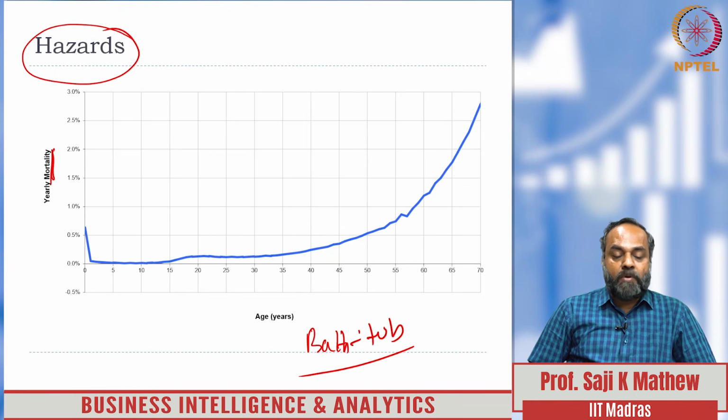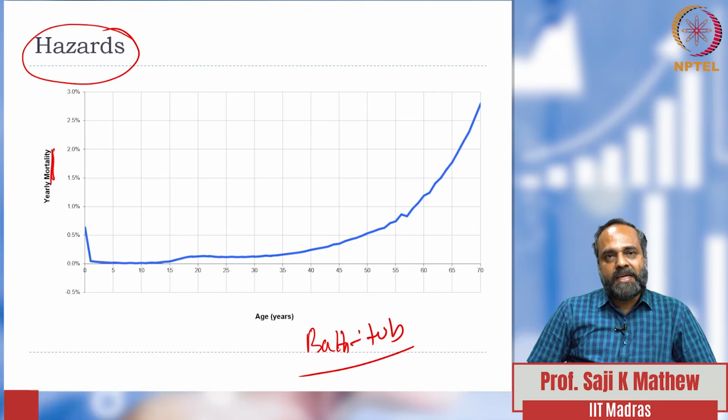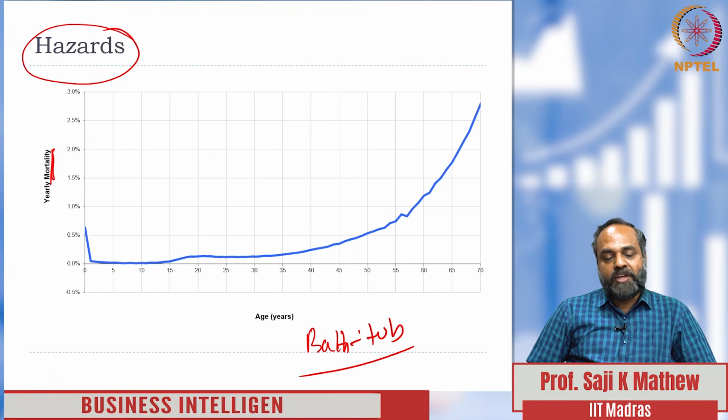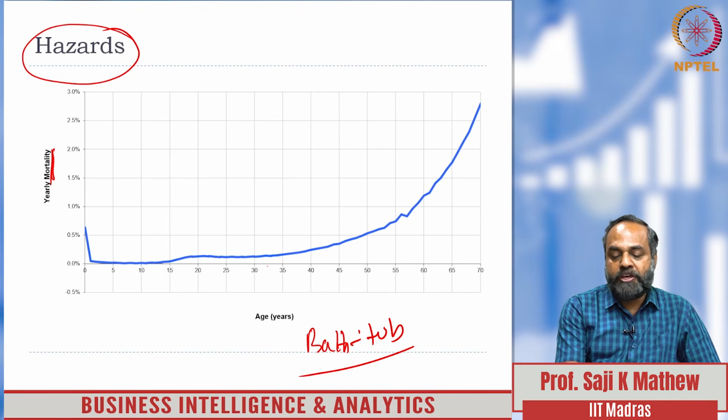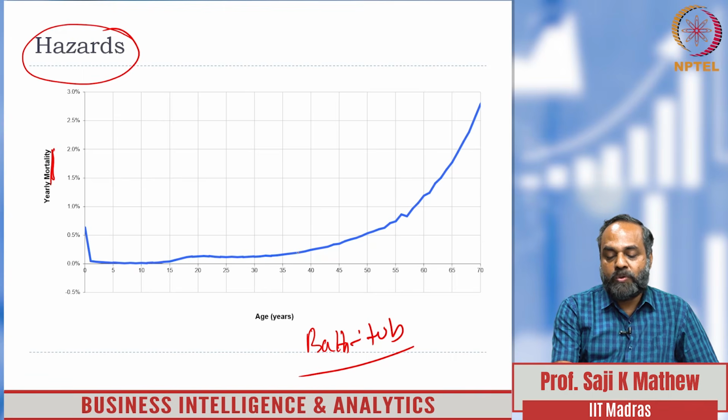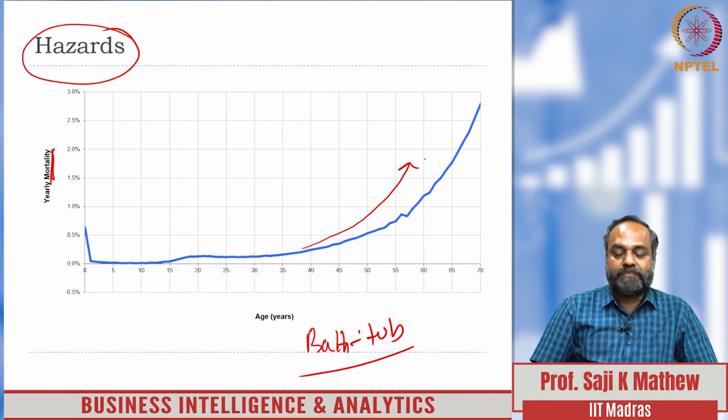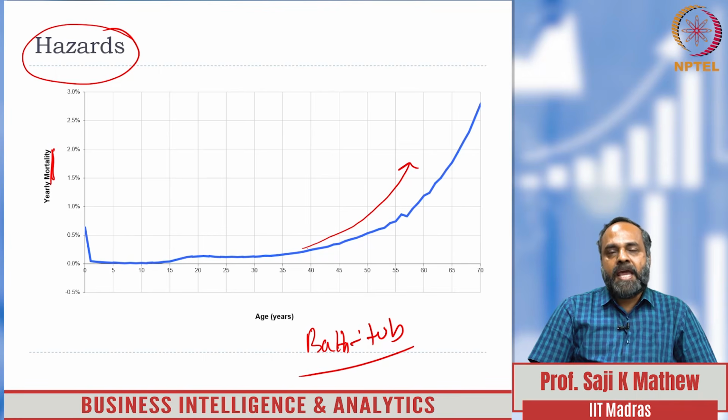The probability of death is low when you are a young baby, it becomes stable when you are young, and the moment you cross 40 onwards, the hazard to life actually increases. This is known as the bathtub curve, and it is a useful insight as far as human life and survival are concerned.